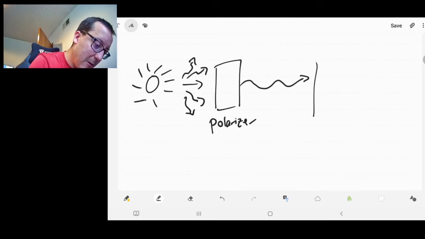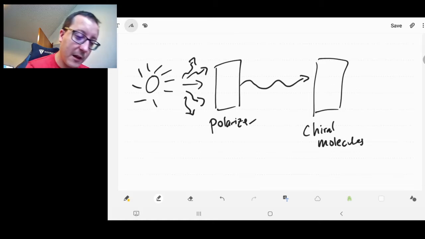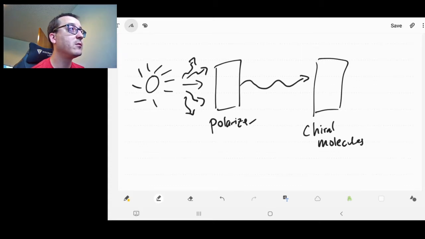And if you pass it through a chiral molecule, or a solution of chiral molecules, so let's say that this is, gosh, it's so hard to show this in my terrible drawing skills of 2 dimensions. Suffice it to say that, let's say this is going just up and down. Okay, you know what? Let's just find a better picture of this because I can't draw. Let's see, chiral molecule rotating light.